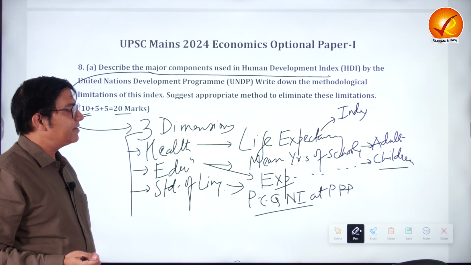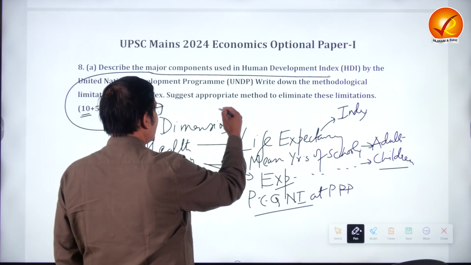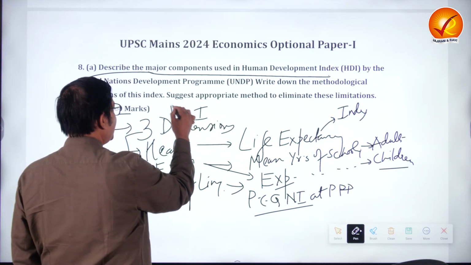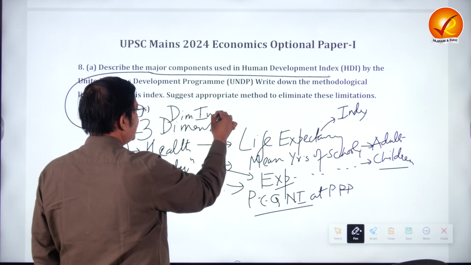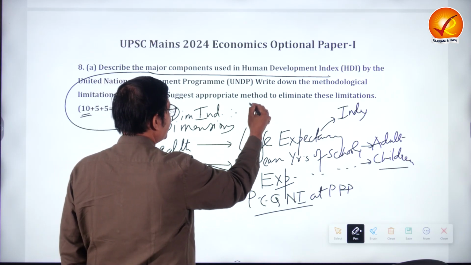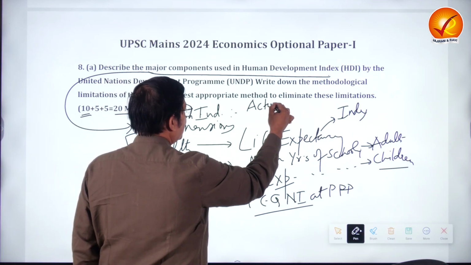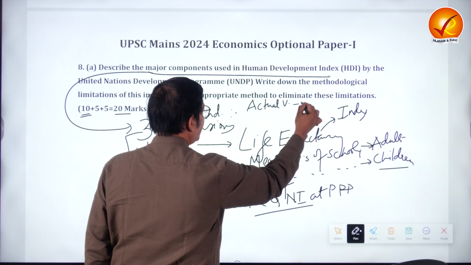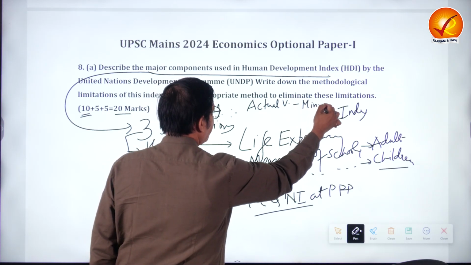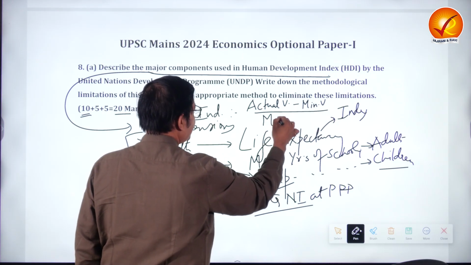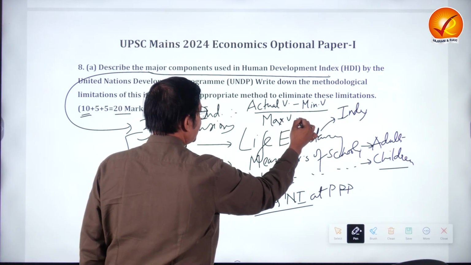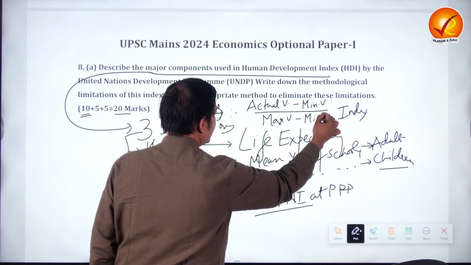How are these indices calculated? Any dimension index is calculated on the basis of the general formula: actual value minus minimum value, divided by max value minus min value.